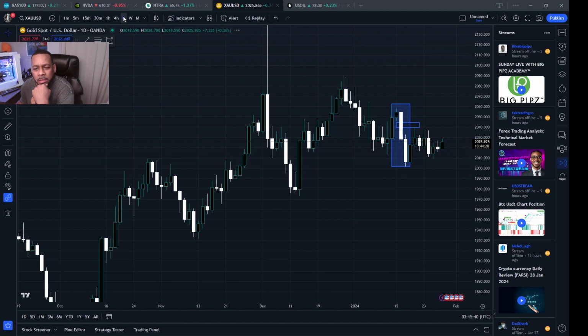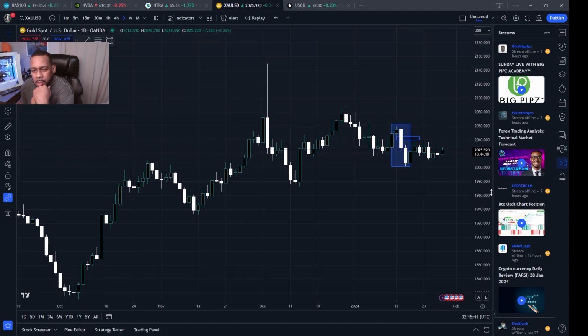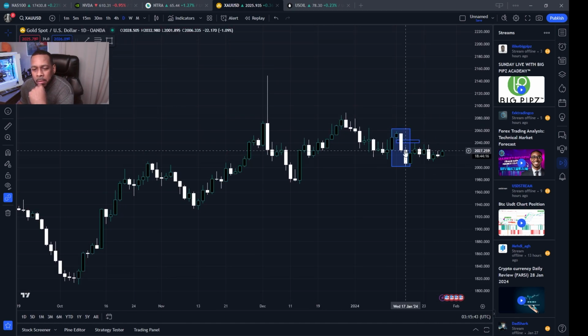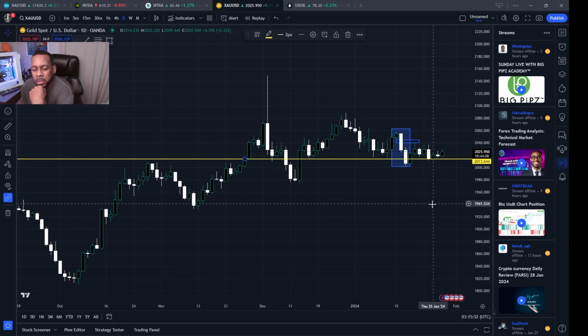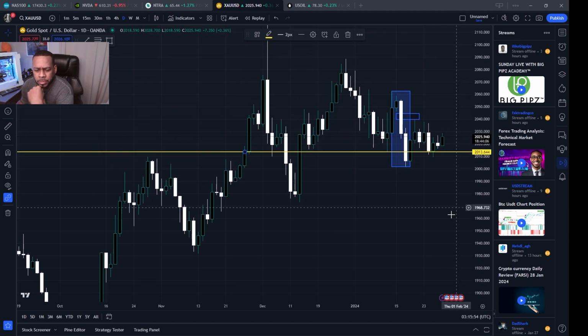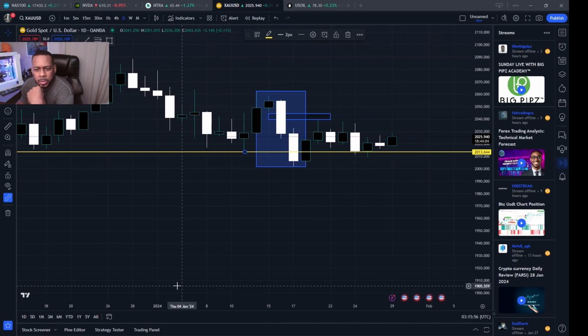For me, as we get, again, price consolidating here, I need a strong close, 4-hour close below.